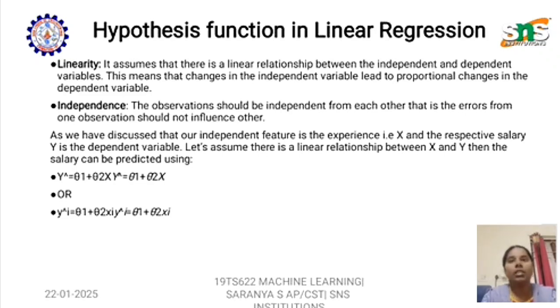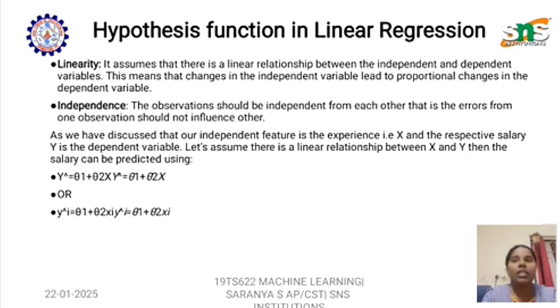Independence means the observations should be independent from each other, that is, the error from one observation should not influence another. As we have discussed, our independent feature is the experience x, and the respective salary y is the dependent variable.